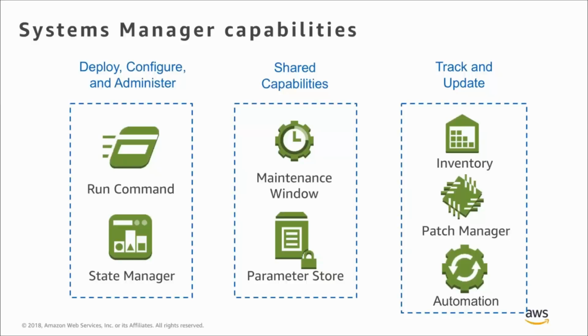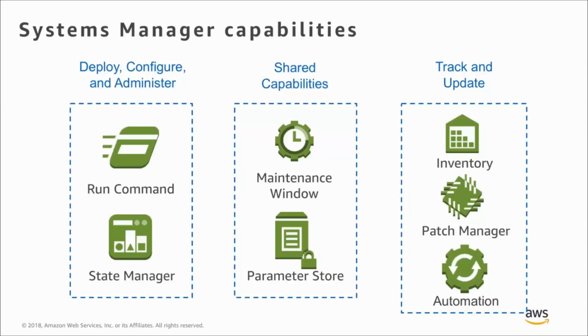With Run Command, you can safely automate very common administrative tasks on your instances at scale without needing RDP. You could run PowerShell across 2,000 EC2 instances straight from the console. Inventory is a component that allows you to collect and query your software inventory. Imagine you have hundreds or thousands of Windows servers.